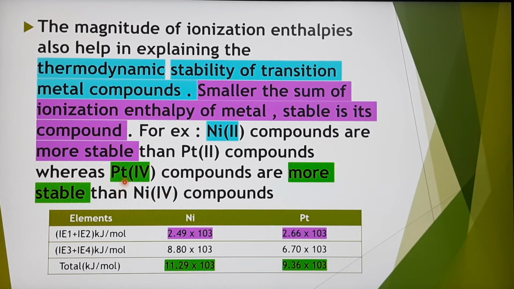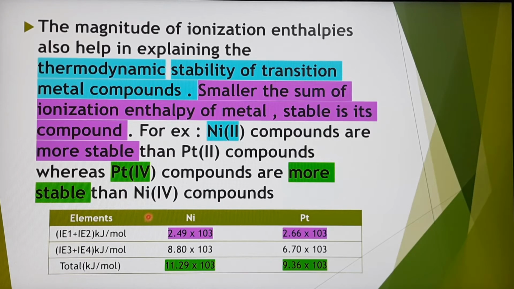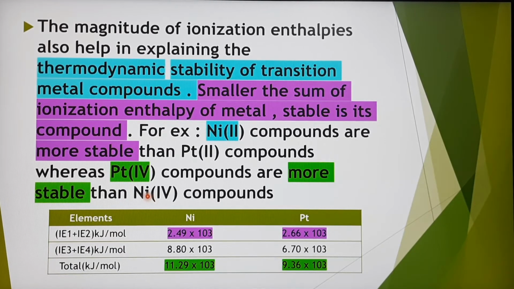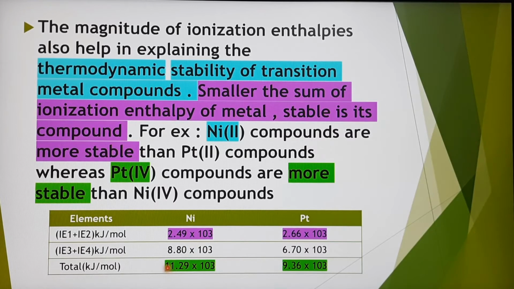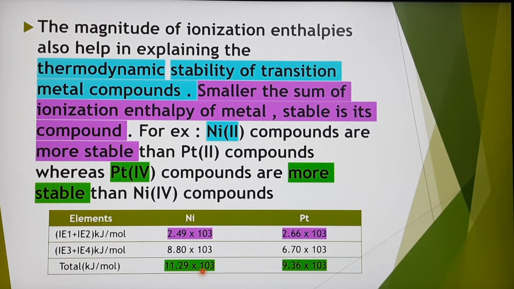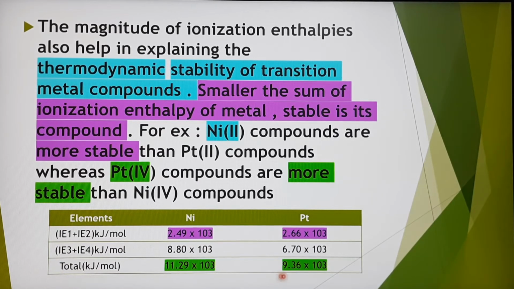While if we compare platinum +4 compounds with nickel +4 compounds, now see here, the first, second, third and fourth ionization enthalpy data are shown. The sum of all four ionization enthalpies for nickel is 11.29 × 10^3, while for platinum it is 9.36 × 10^3. It means the sum of all four ionization enthalpies for platinum is less as compared to nickel.